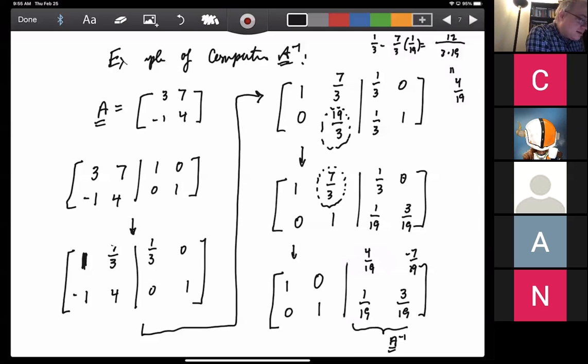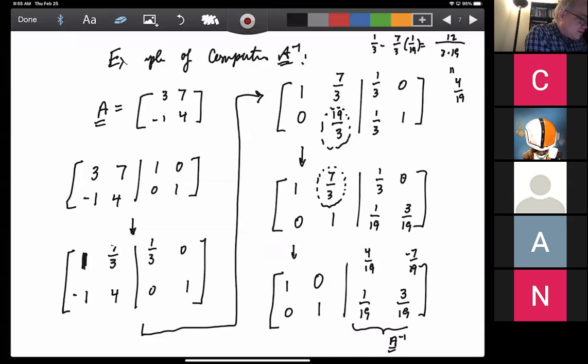Can you explain what you did for the 1, 7/3, 0, 1 row? How you made it 1, 0, 0, 1? The last operation you did. So what did I do? I want to make that 7/3 entry go to a 0, right?